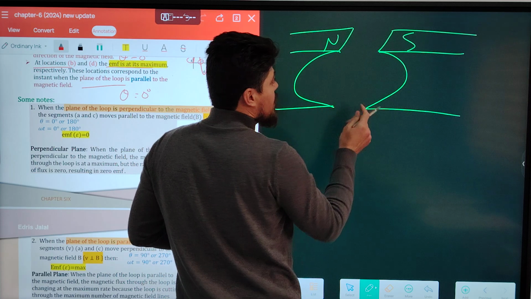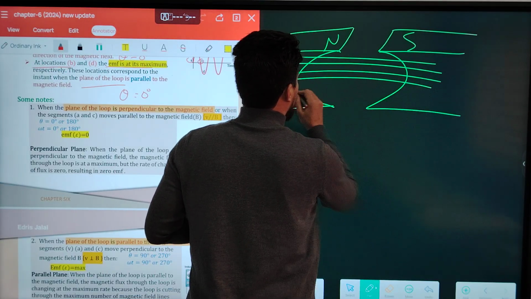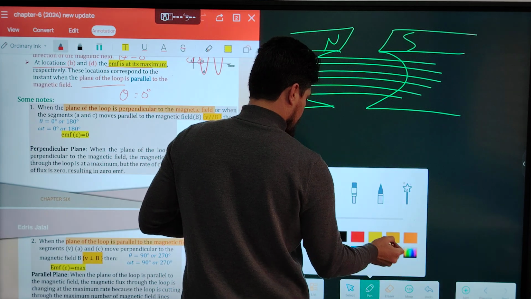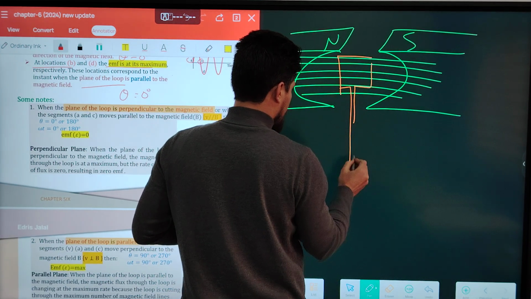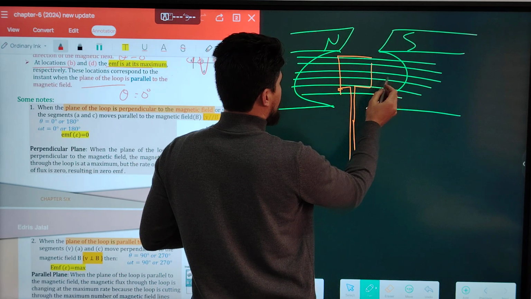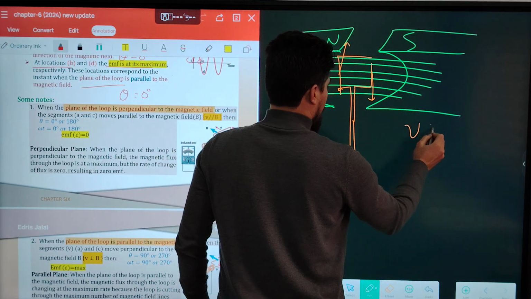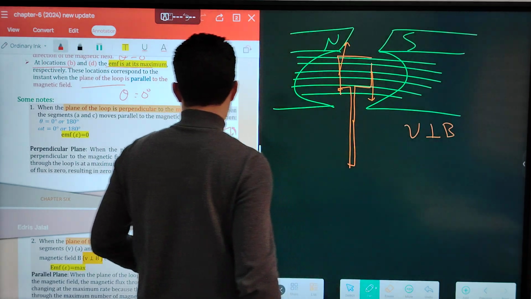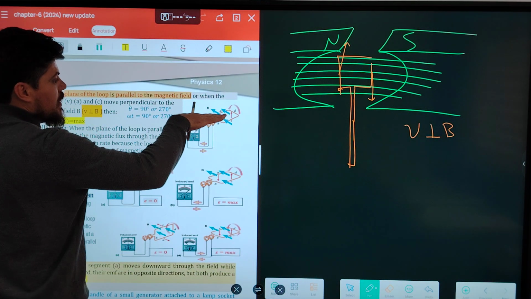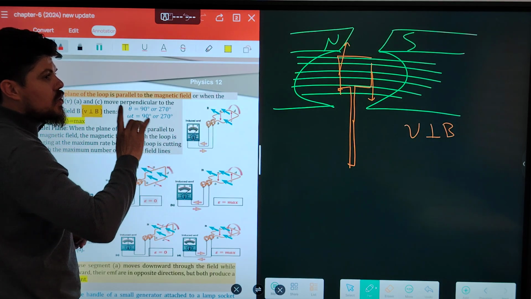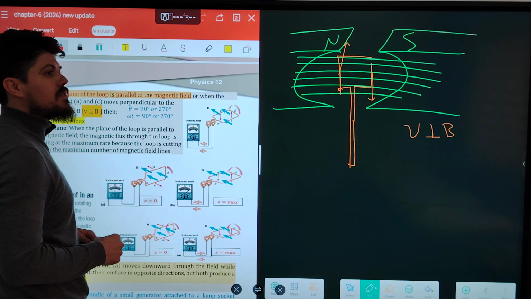Guys, when the plane of the loop is parallel, the angle between V and B at segments A and C becomes perpendicular. Look, as the plane of the loop is parallel to the magnetic field, no magnetic field lines cross the loop, but the induced EMF is maximum.